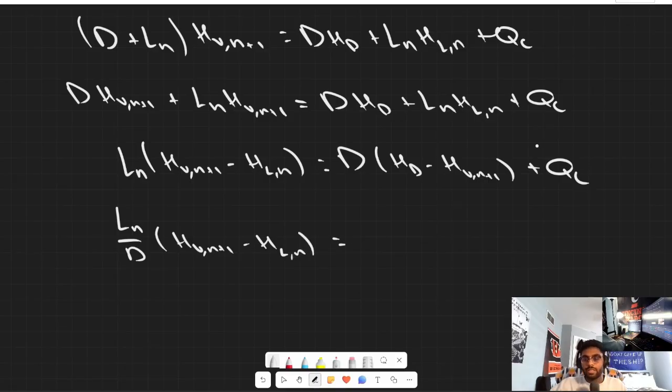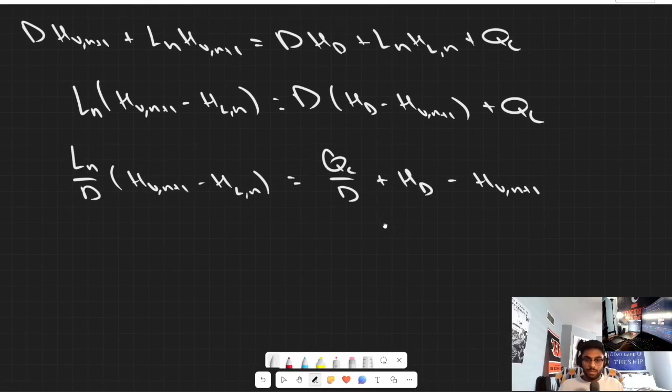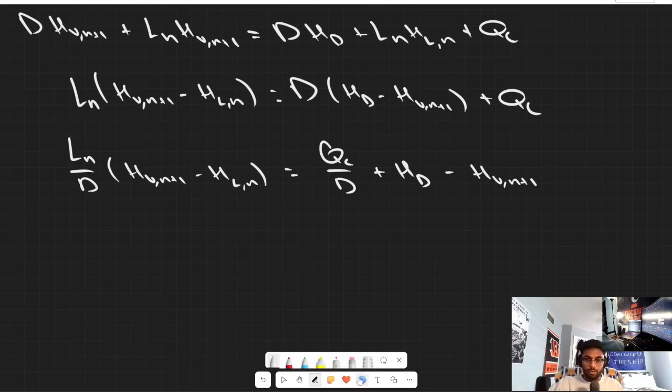And then I'm going to flip-flop the order of this here. So I'm going to have QC over D, and then this will just be additive here. So plus HD minus HV n plus 1. So here is the simplified form that we were aiming for.